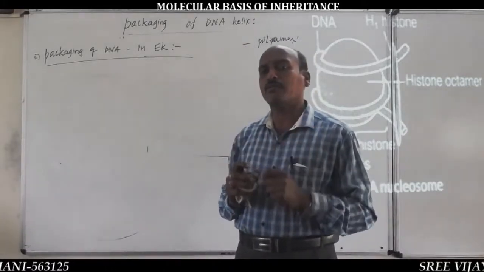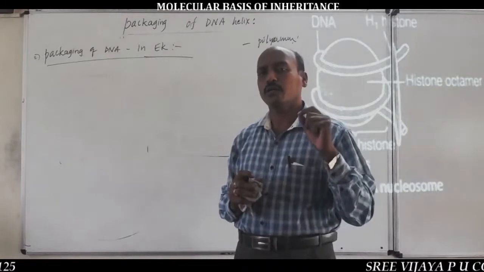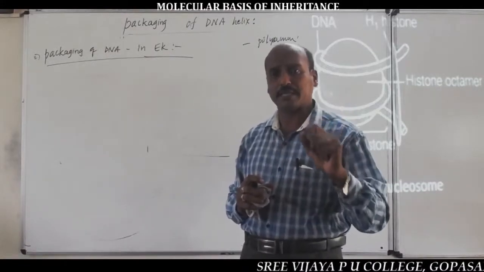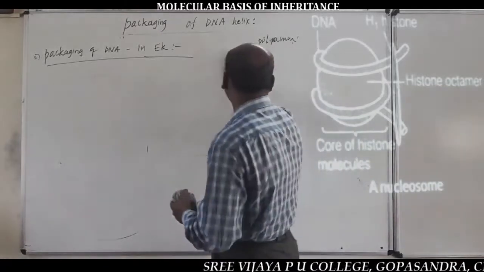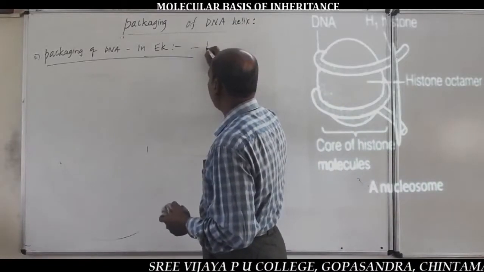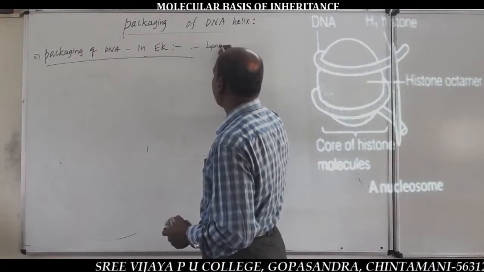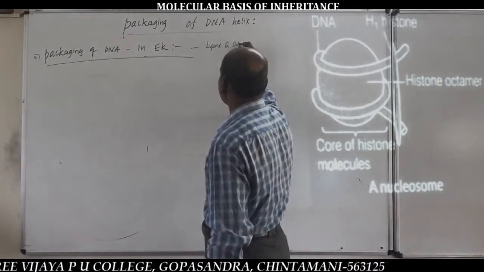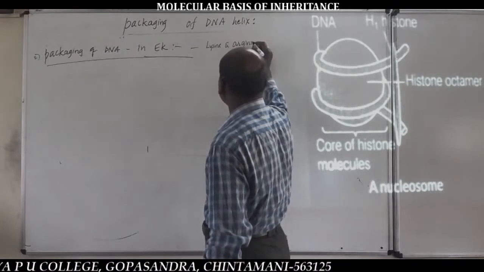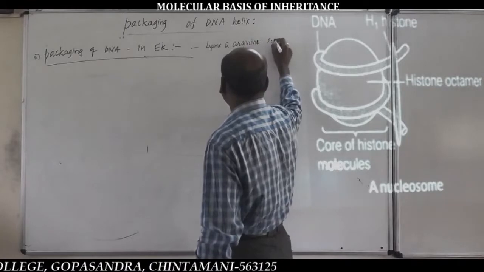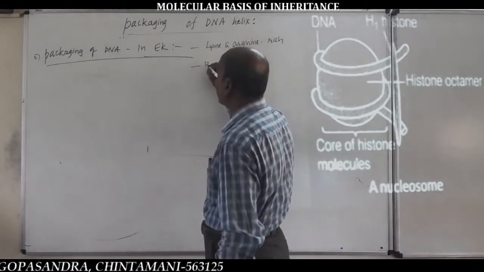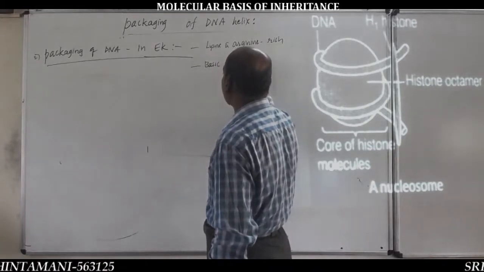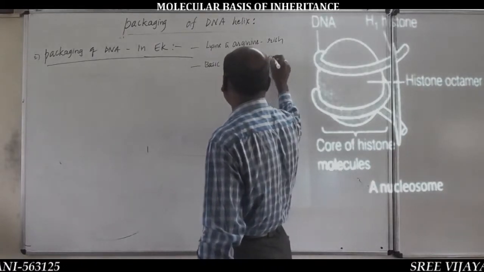The packaging of the DNA helix in eukaryotes is more complex. It takes place with the help of lysine and arginine rich basic proteins called histone proteins.